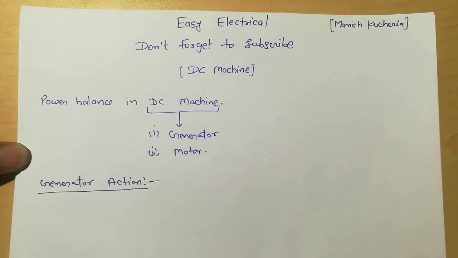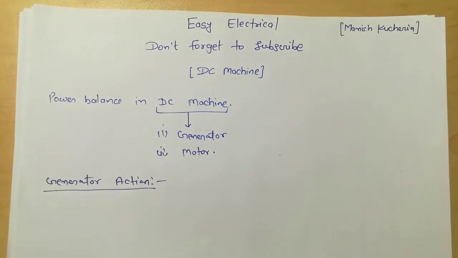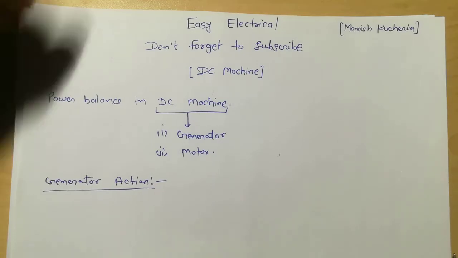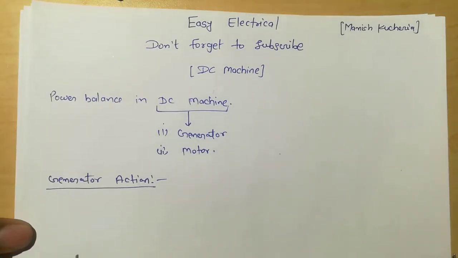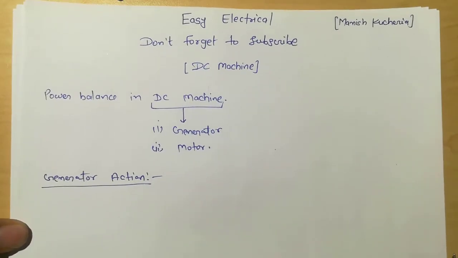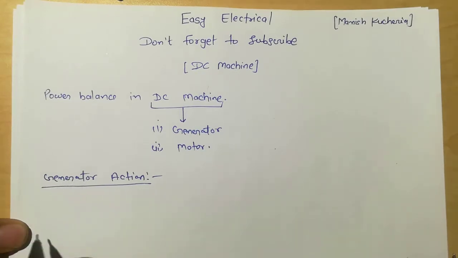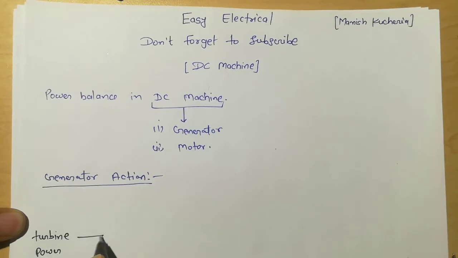In the generator action, first of all we will use a turbine to rotate the shaft. So first is turbine power, which is given to the shaft as shaft power.